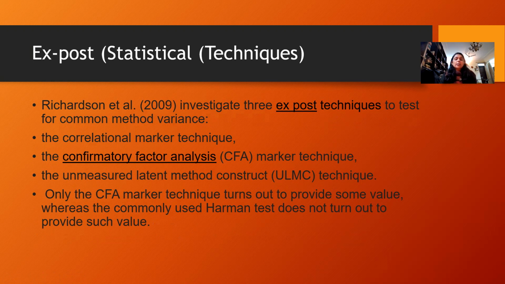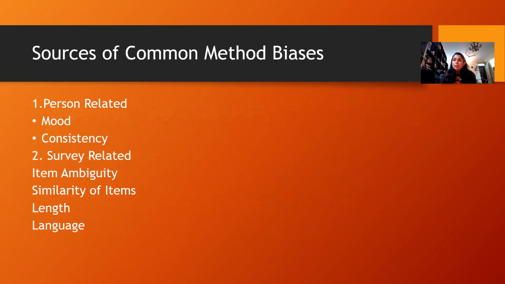And the third one is the unmeasured latent method construct, ULMC, technique. Only the CFA marker technique turns out to provide some value, whereas the commonly used Harman test does not turn out to provide such value. Definitely I am going to share all the statistical techniques with you in the next video.